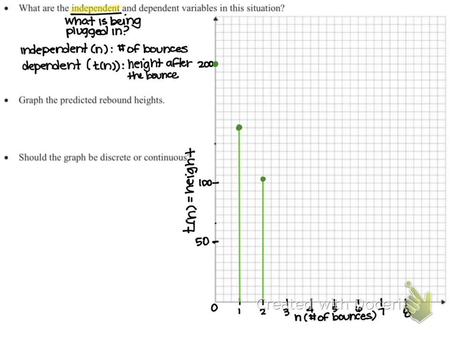And then with 3, I'm just using the answers that I already did. I got a little over 70. So that's almost halfway between 50 and 100, but less. So I'll go to about halfway, and let's go a little bit less than that. So maybe right around there.